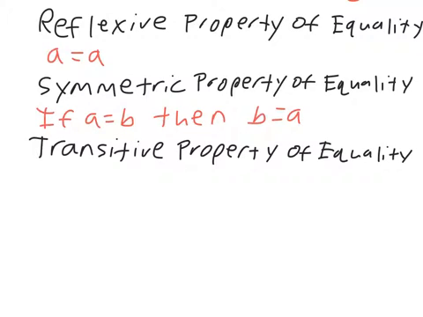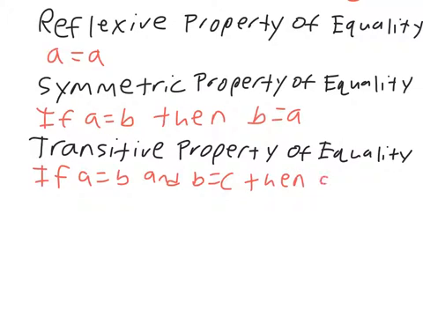The transitive property of equality says if A equals B, if A and B are equal, and B and C are equal, then A and C are equal.